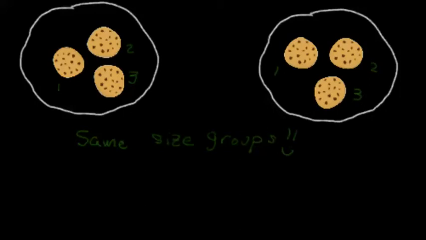So we have 3 plus 3, or we know 3 plus 3 is 6. Since they're the same size groups, it's even.